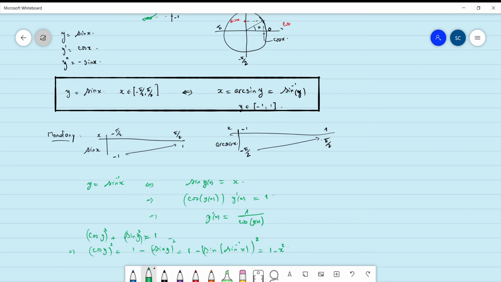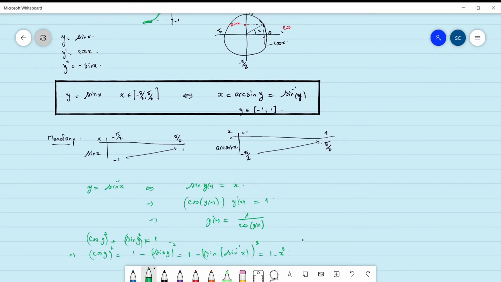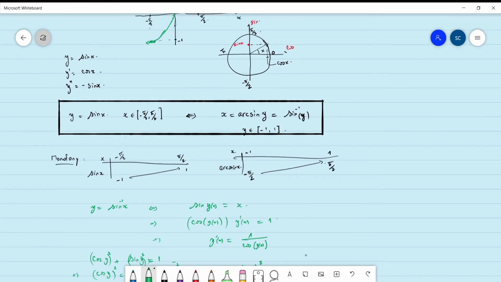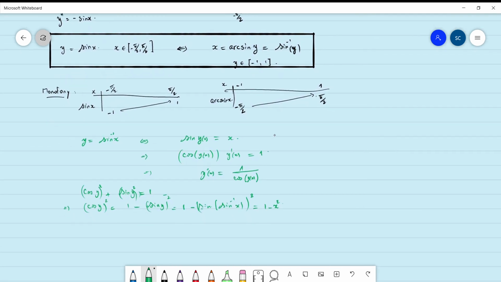So from here I can deduce cosine y, but something else to pay attention to is that when y is between minus pi over 2 and pi over 2, the cosine is always positive, because y here is the angle.